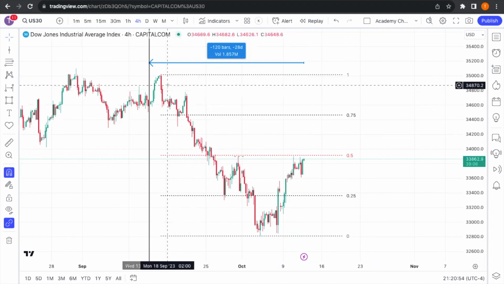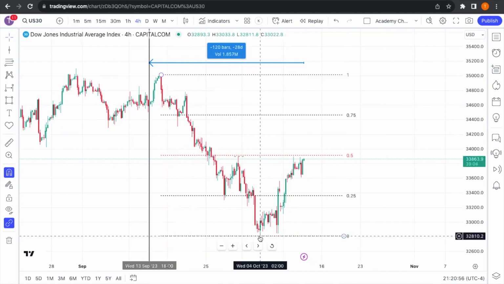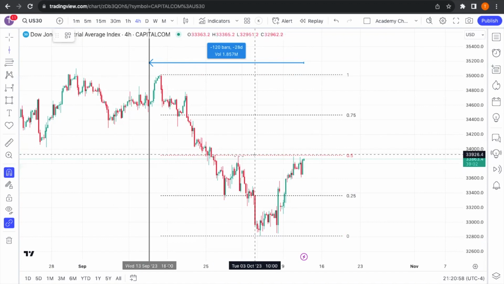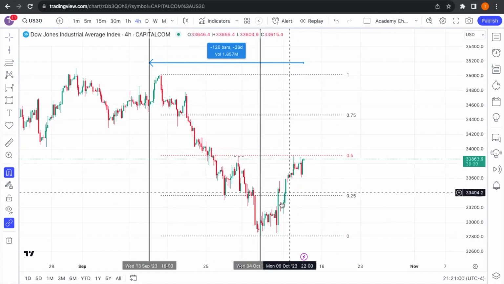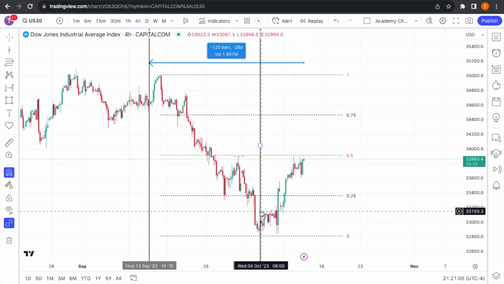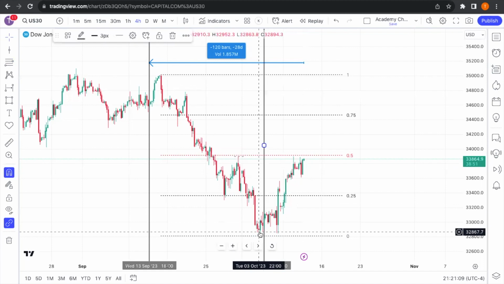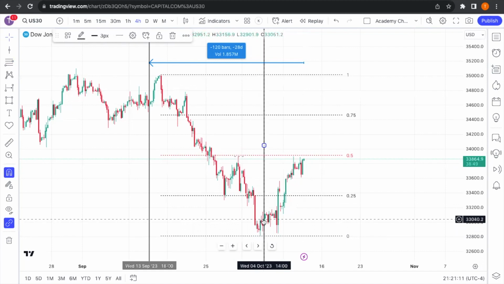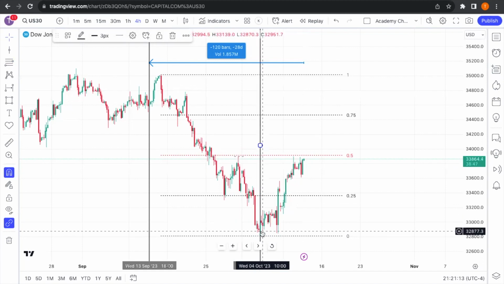We wouldn't know this low was there until right here. We wouldn't know that that low was a significant low. But once it made that low, right, that day right there, we know that we can start looking for possible high probability setups.